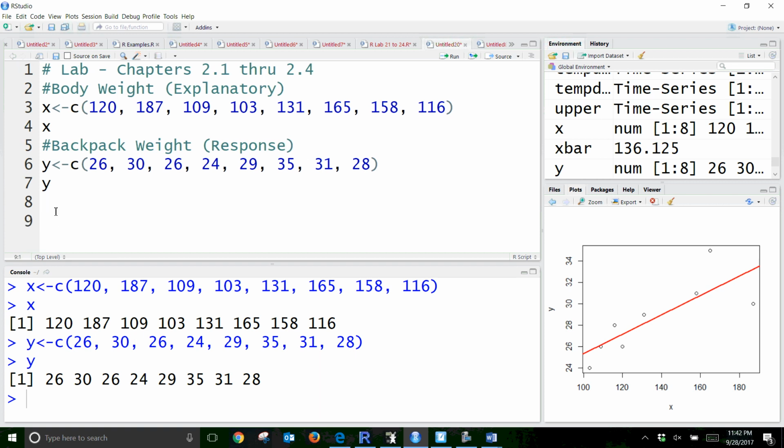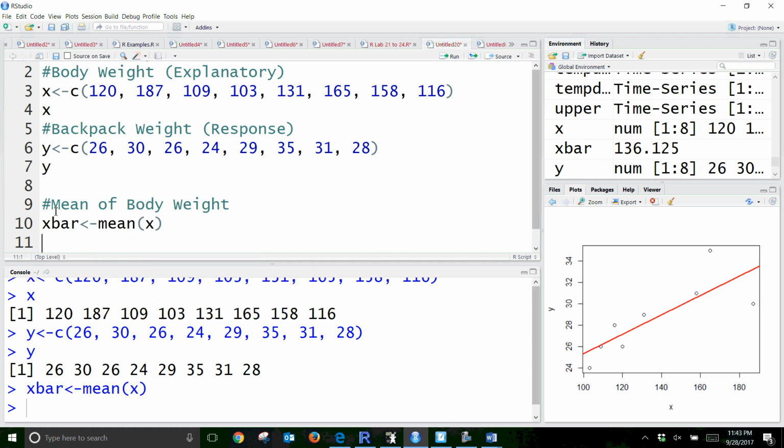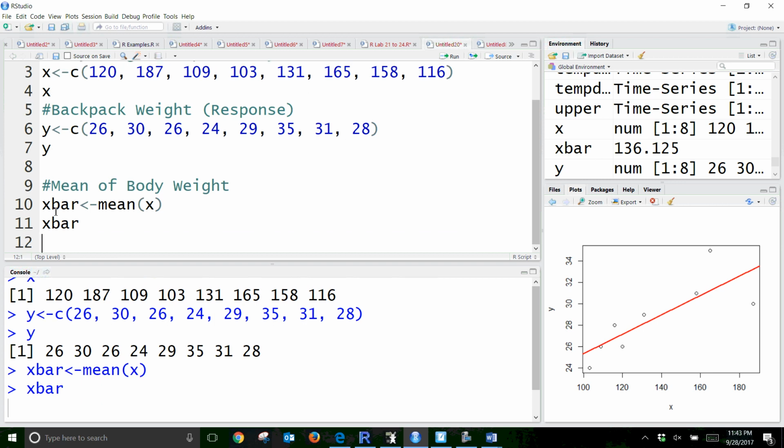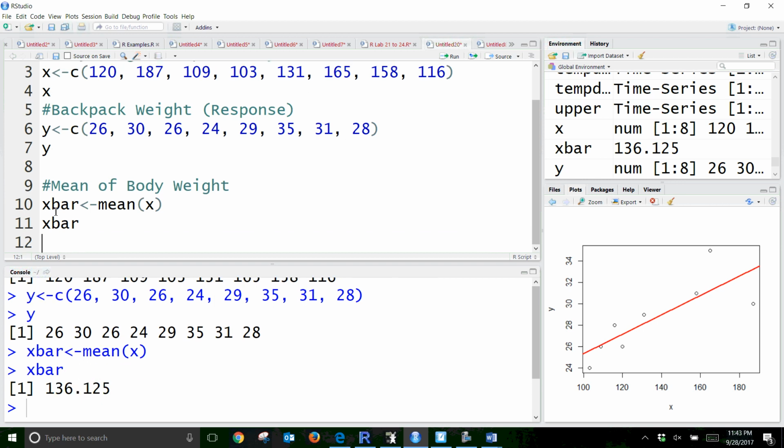Okay, so next thing we want to know is the mean of body weight. So let's call this x bar. That's going to be the mean of x. Okay, so we get 136.125.